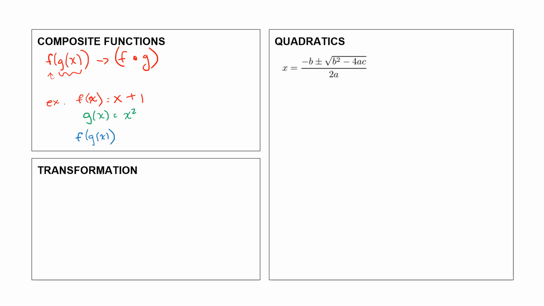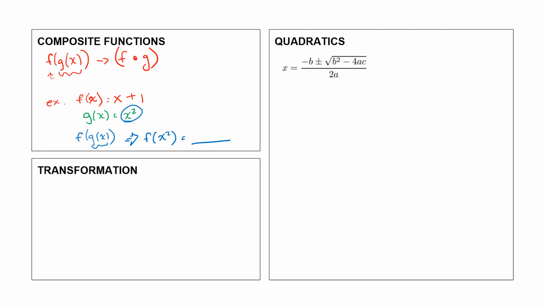Now this tells us we're basically putting the output of the function g of x into the input for f of x, okay? So if we now have f of g of x, g of x is x squared, right? So we're effectively doing f of x squared equals what?